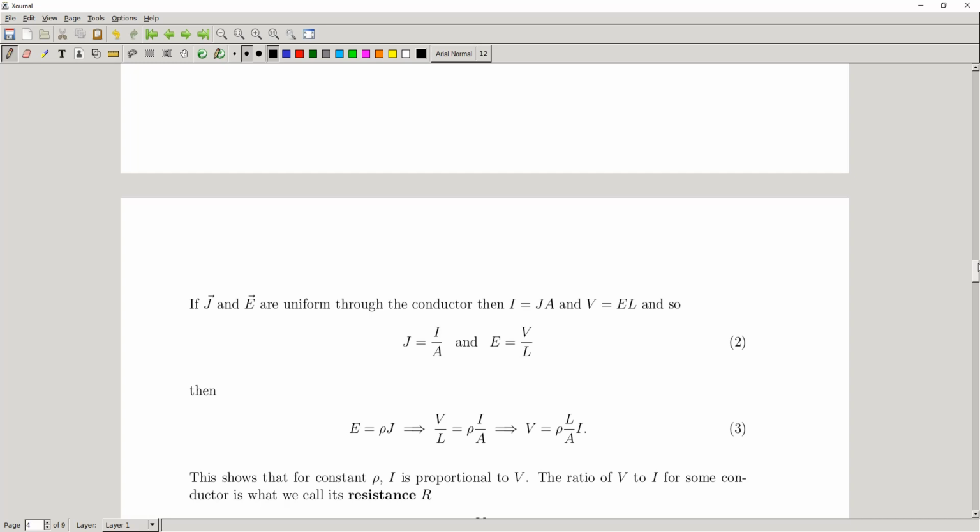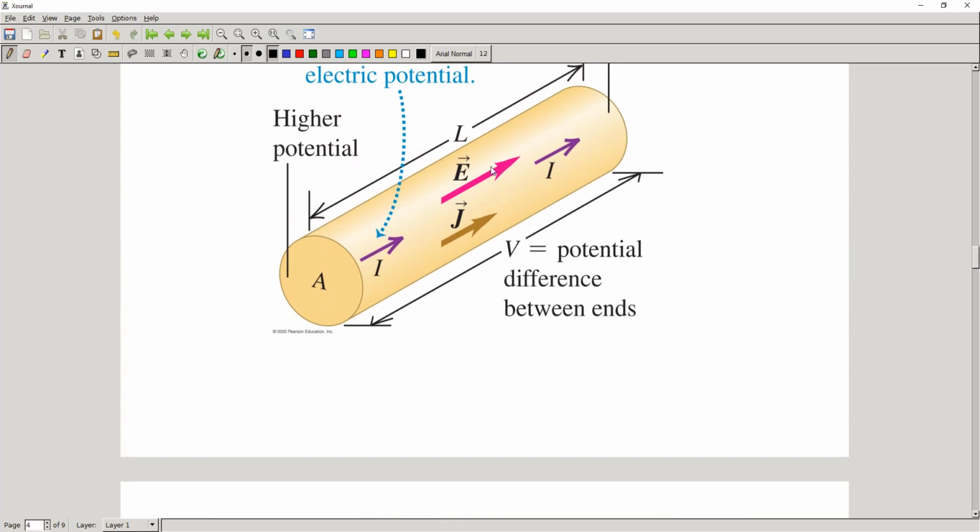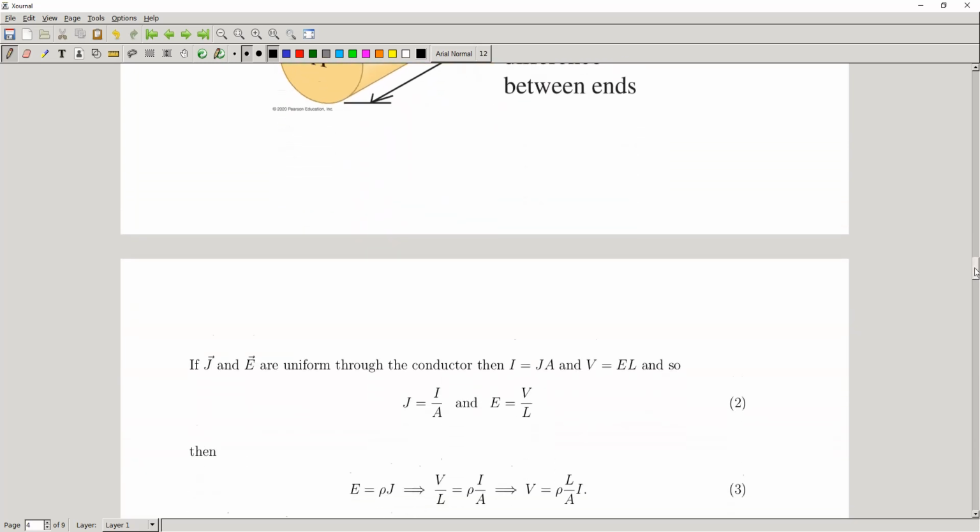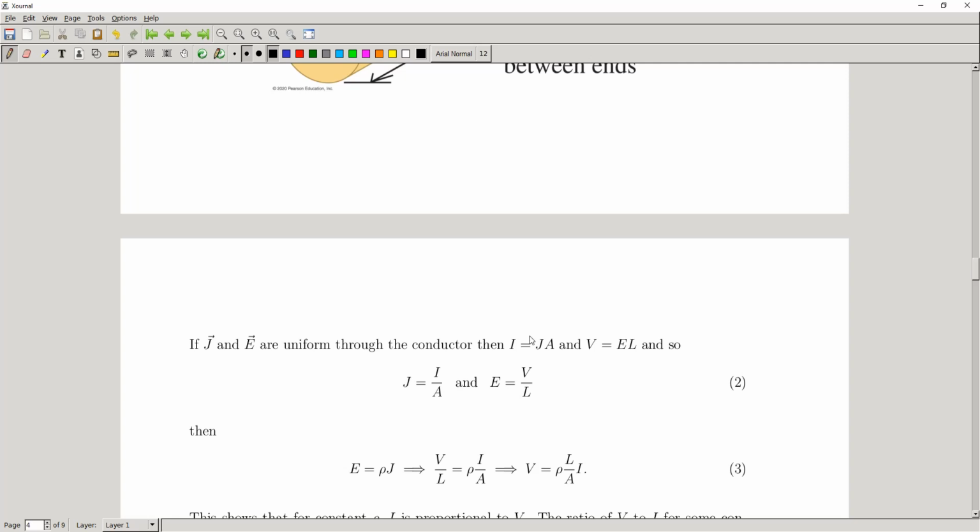If our current density and our electric field are uniform through our conductor, then our current is simply going to be our current density times the cross-sectional area. Our current density is defined as current per unit area, so if we multiply it by an area, we just get back our current. This is pretty much by definition.